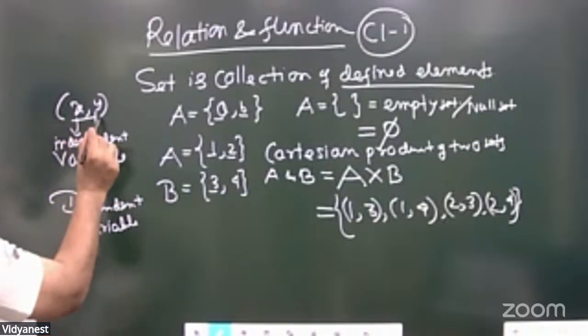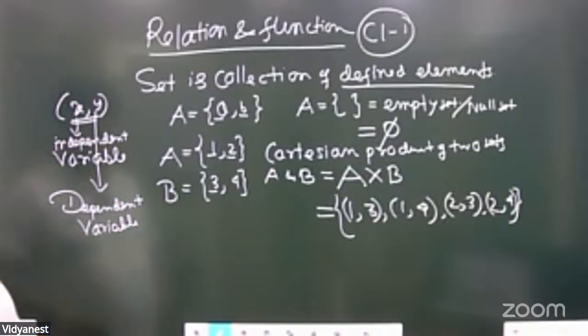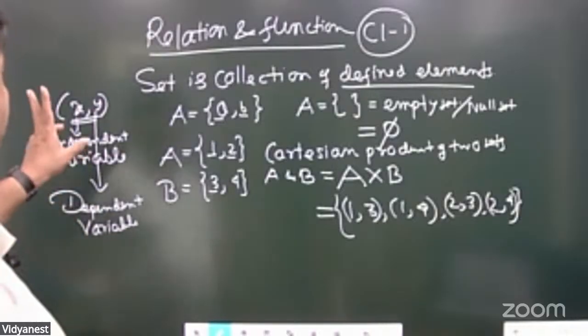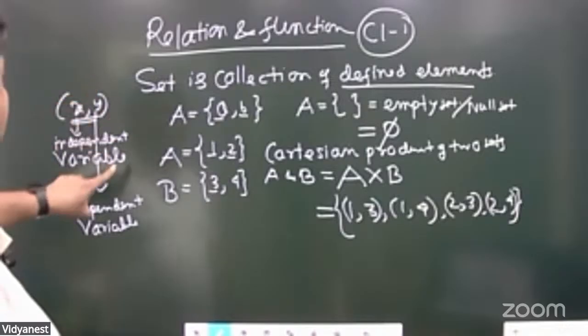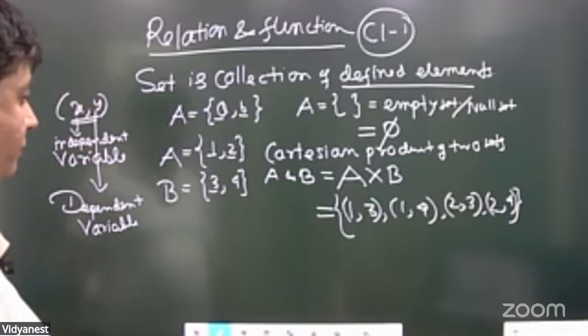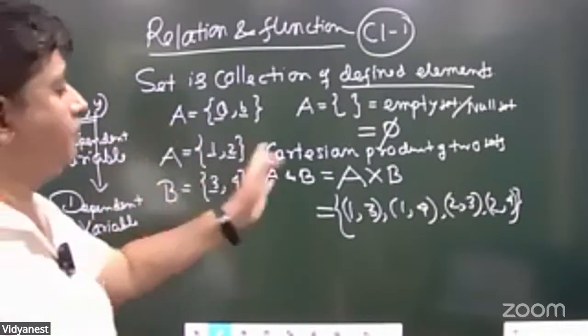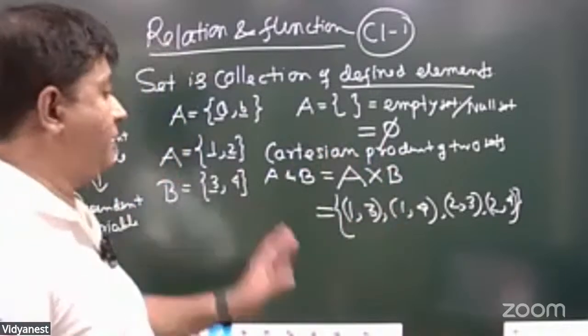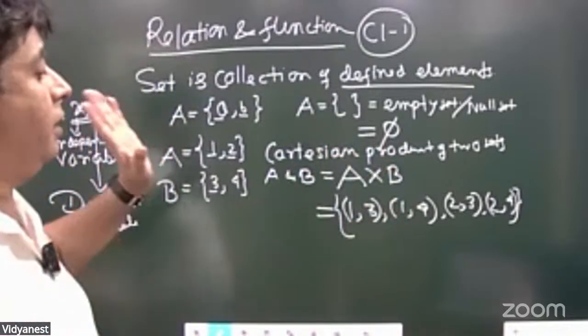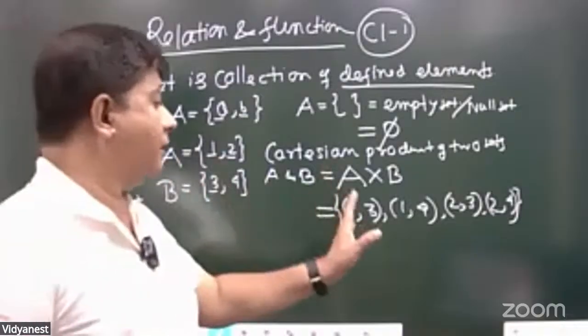If you get that order, x and y, then this pair is called an ordered pair. So the Cartesian product of two sets is nothing but the collection of ordered pairs.